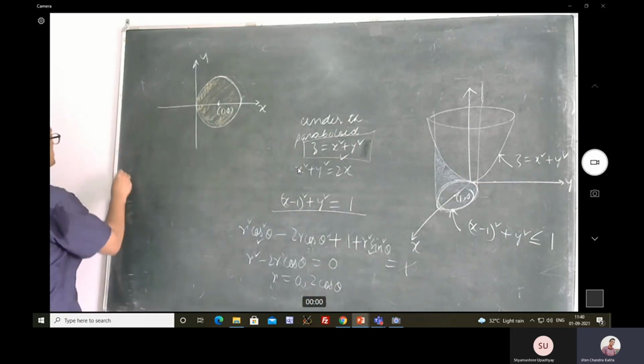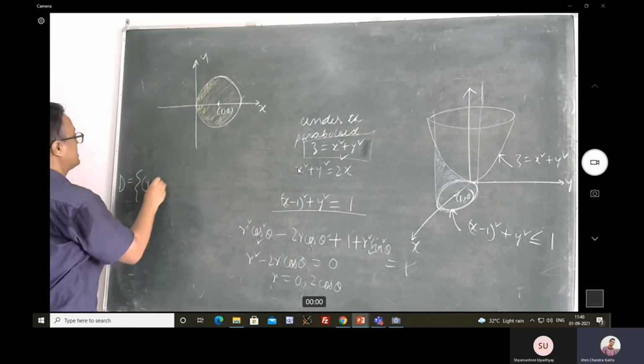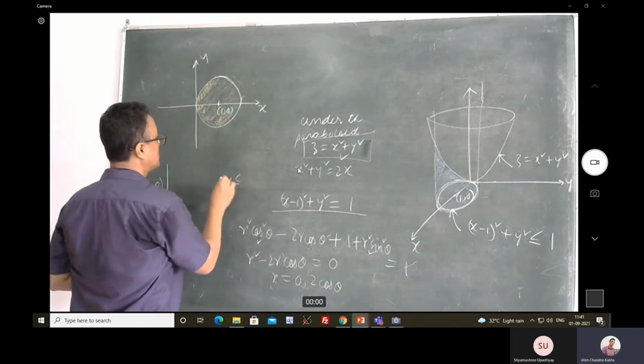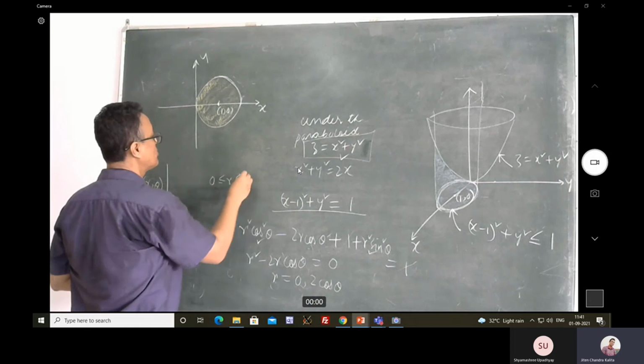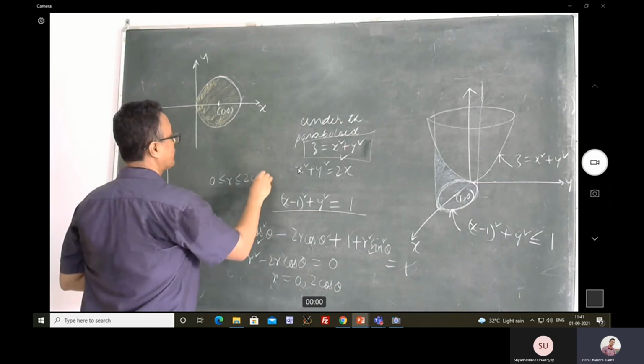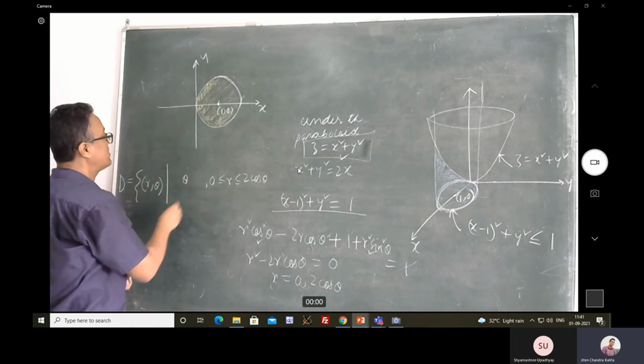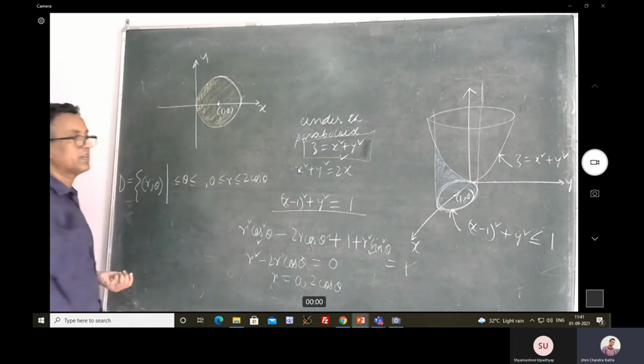If I want to write D in terms of r and theta, I have already found that r lies between 0 and 2 cos theta. So I must have the limit of theta, which is fixed.